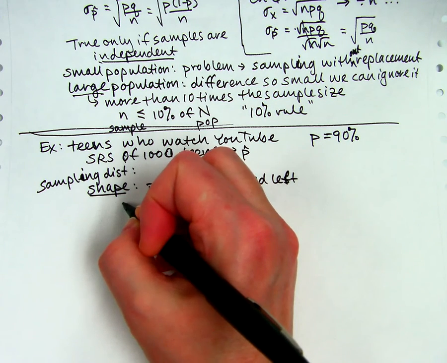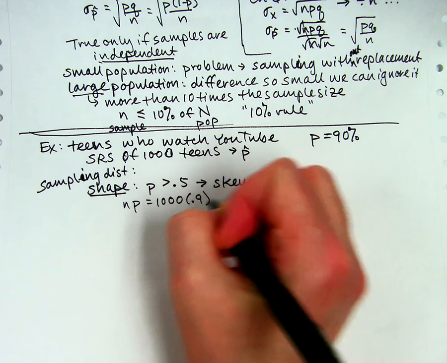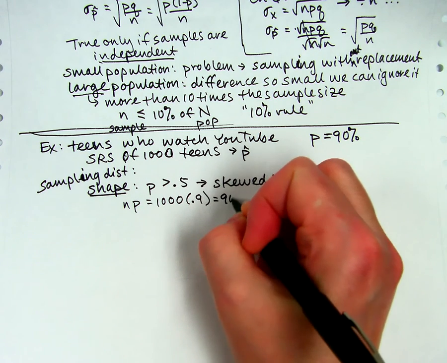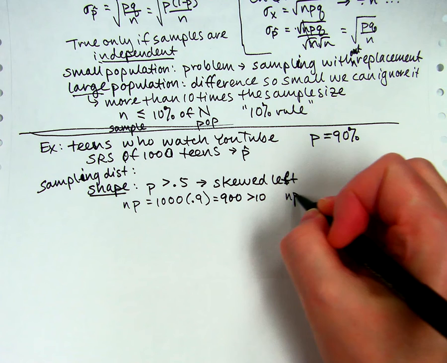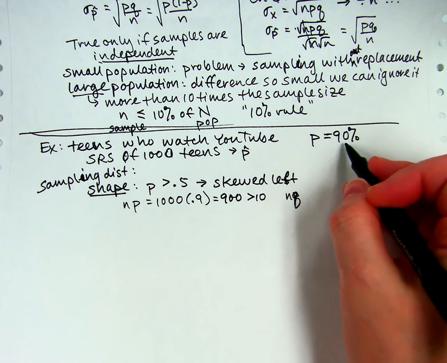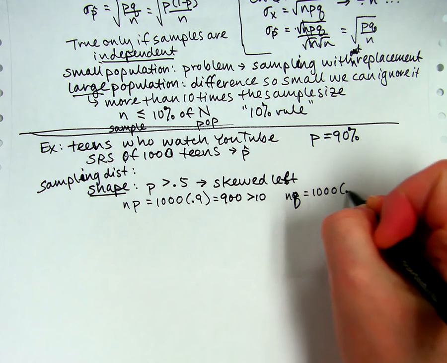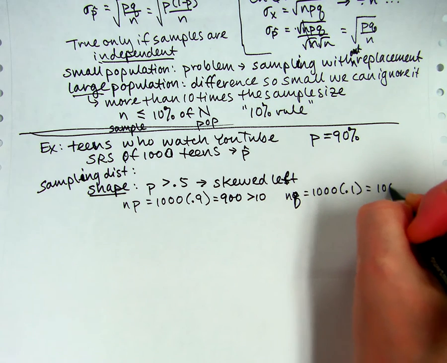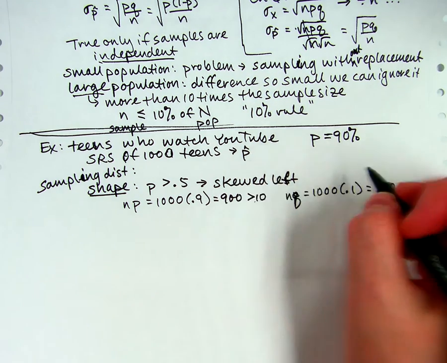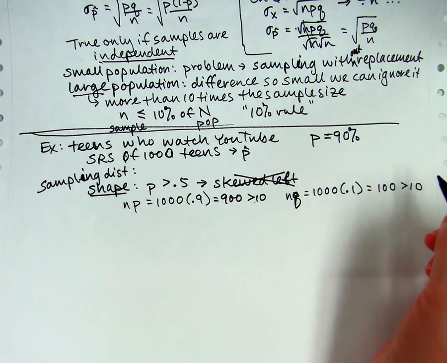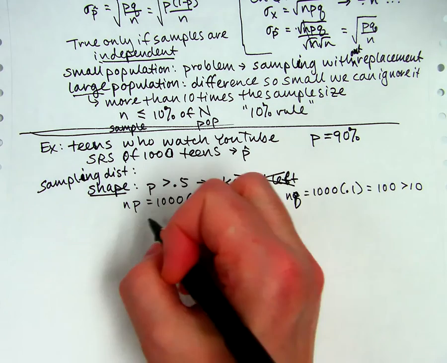I could do n times p is 1,000 times 0.9, and that's 900, definitely bigger than 10. But what's more important is n times q, because q is smaller than p, right? Q is 10%, so that would be 1,000 times 10%, which is 100, still bigger than 10. So because these are both bigger than 10, it's not skewed left anymore. That means it's approximately normal because these came out bigger than 10.